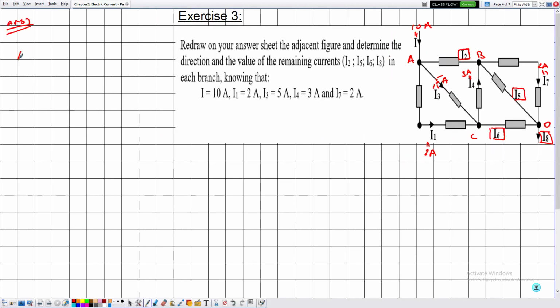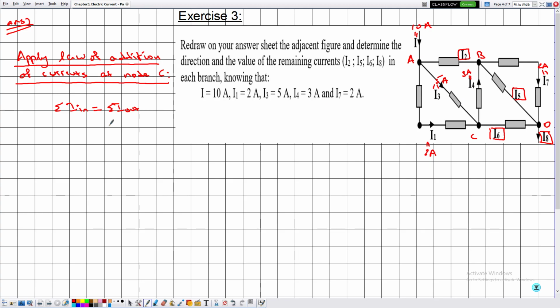So let's apply the law of addition of currents at node C. So we say that the summation of Iin is equal to the summation of Iout.